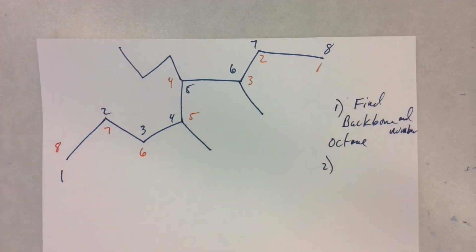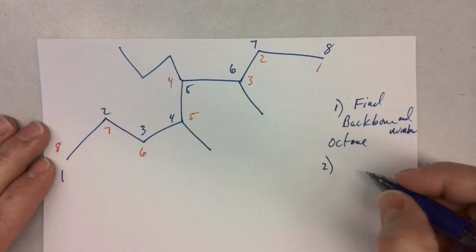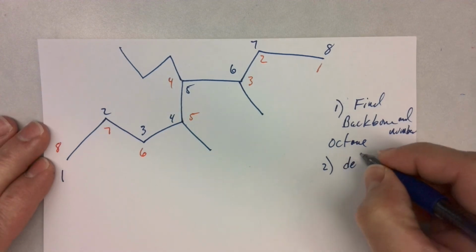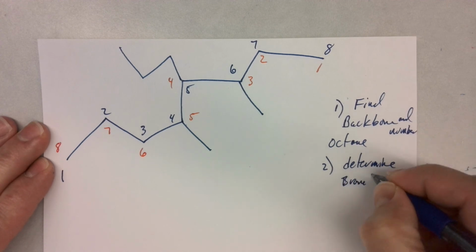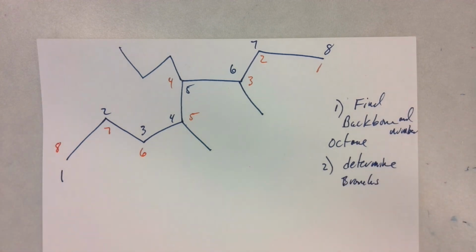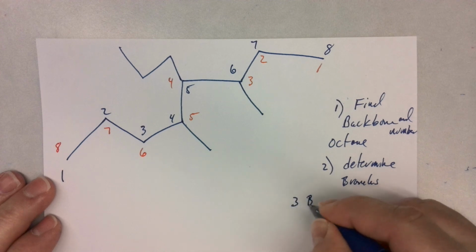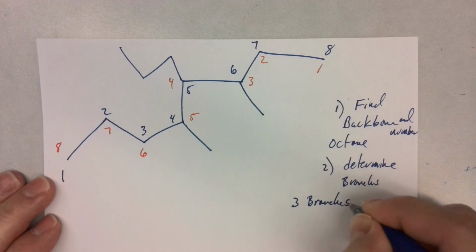Okay? Now, number 2 is I want to determine branches. Okay, so how many branches do I have here? 3. I got 3 branches, right? And now I want to name them.